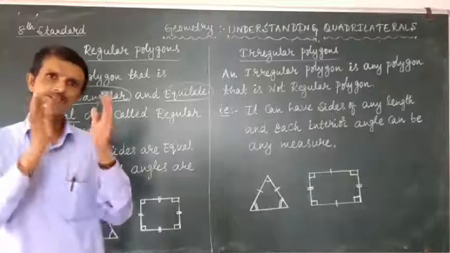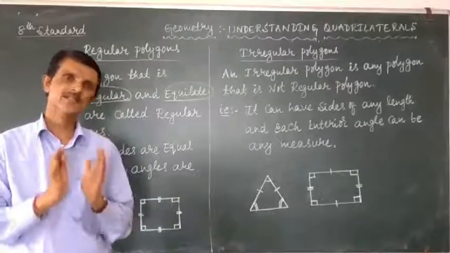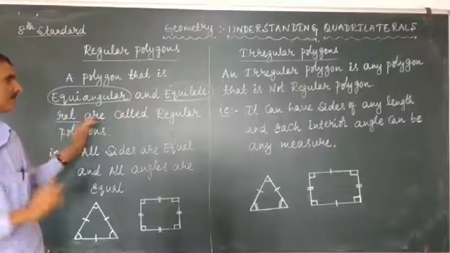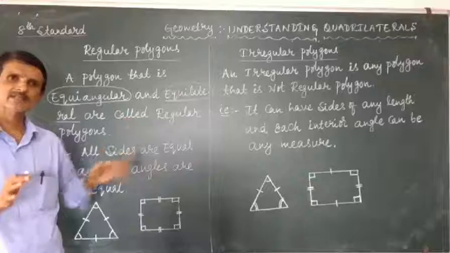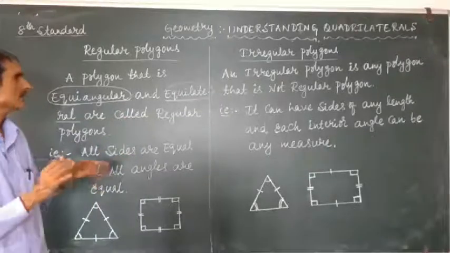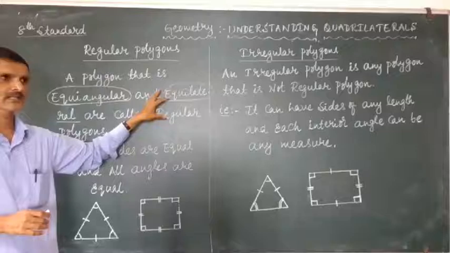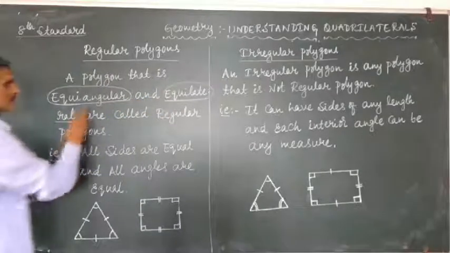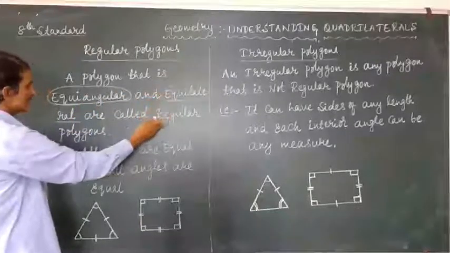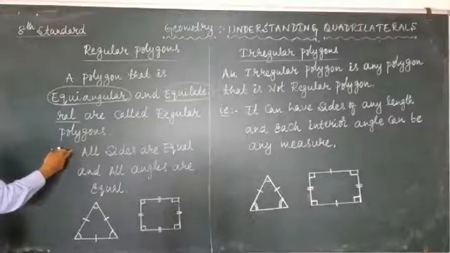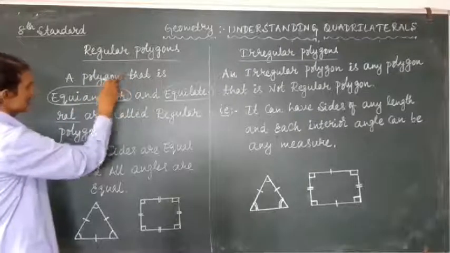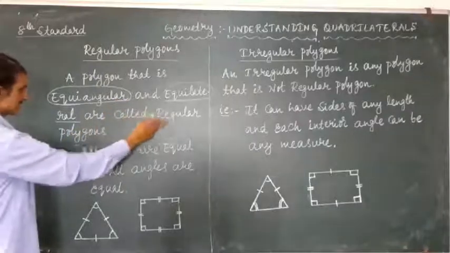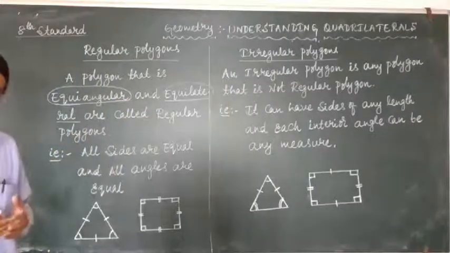Equiangular means all the angles of the given polygon must be equal, and all the sides of the given polygon must be equal. So such types of polygons are called regular polygons. A polygon that is equiangular and equilateral is called a regular polygon.